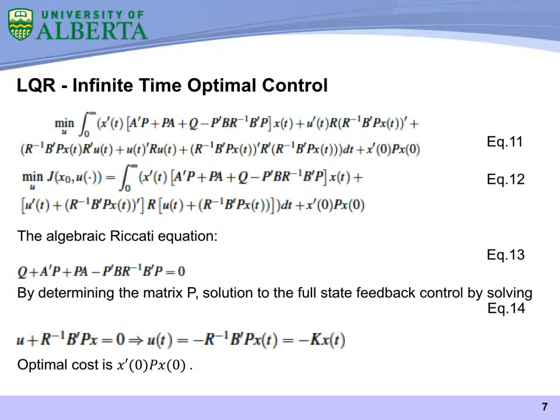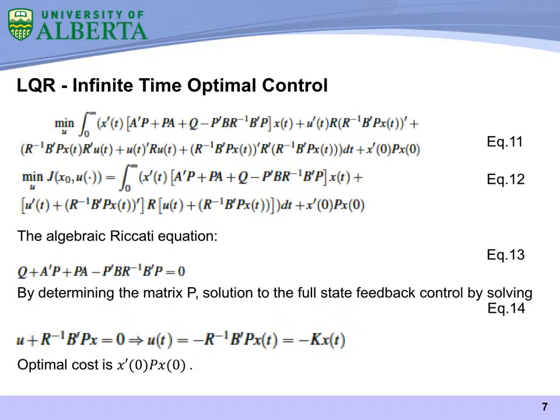We will have the following: all these terms group as A transpose P plus P A plus Q minus P transpose B R minus 1 B transpose P, plus this term multiplying u transpose R minus 1 B transpose, plus all of this, and this entire term dt, plus 0.